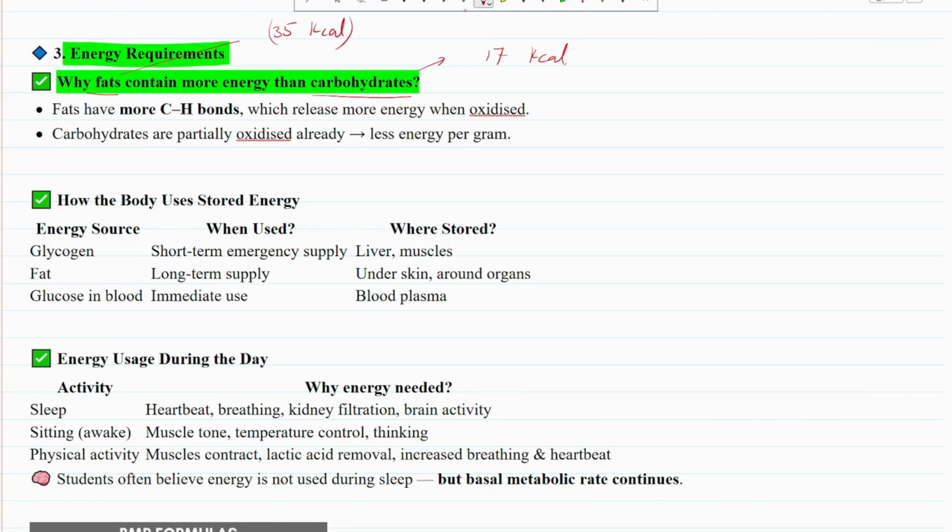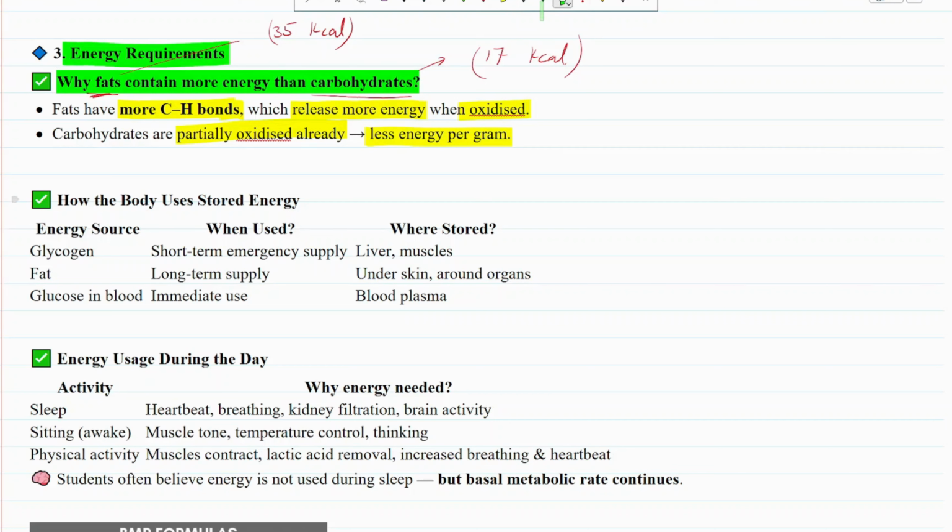So there is more than double the energy present in 1 gram of fats as compared to carbohydrates. Let's see what the reason could be. Fats have more carbon hydrogen bonds, and carbon hydrogen bonds are in fact energy rich bonds which release more energy when oxidized. Carbohydrates are partially oxidized already, so less energy per gram. So this is the reason why they have half the energy as compared to fats.